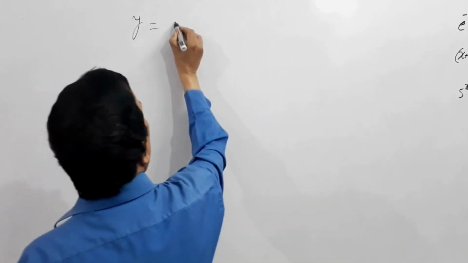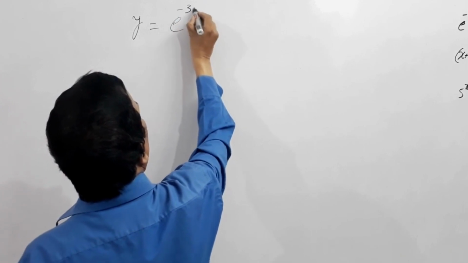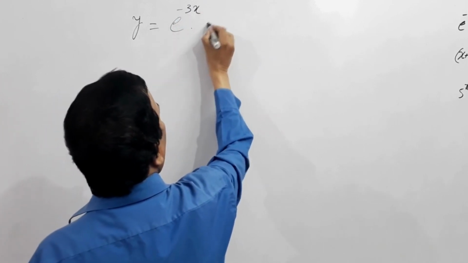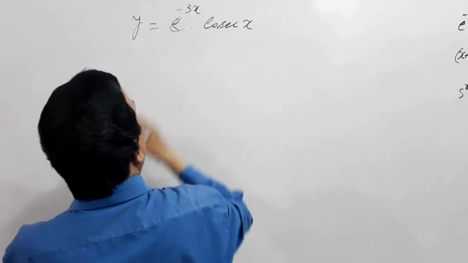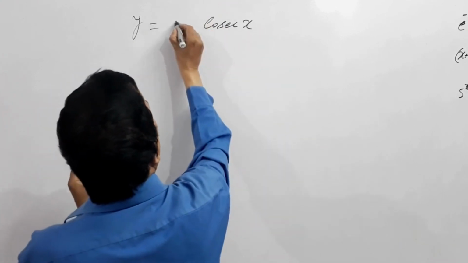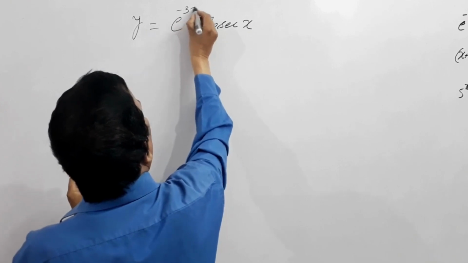Next, y equals e to the power of minus 3x into cosecant x.